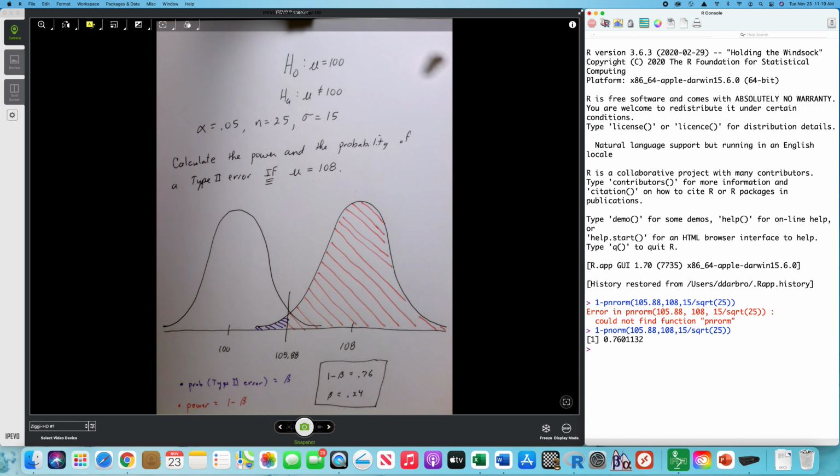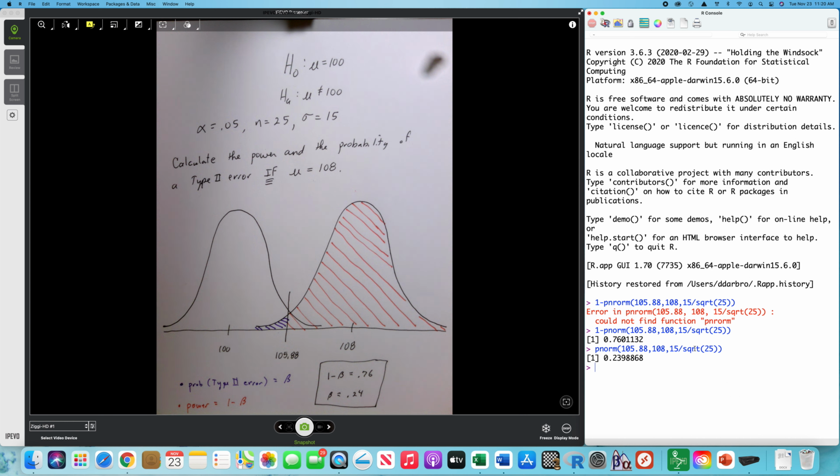Another way, notice that from 1 minus beta, with simple arithmetic, we can find that beta is 0.24, but we could also find that by finding just the area below, which would be this part. So 0.24 would be the probability of a type 2 error.